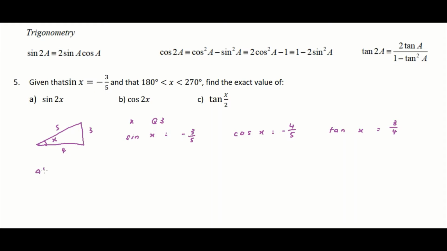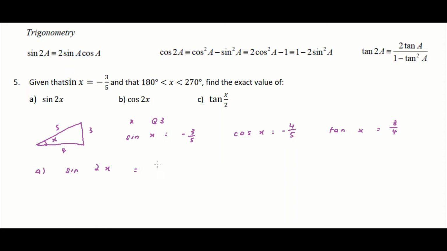So A, sine 2x. So one thing that is very important is please do not do sine 2x equals to 2 sine x, okay? So they are totally different things. You can try your calculator and see whether sine 60 and 2 sine 30 is the same or not. It's totally different thing. So please don't do that. So what is sine 2x? So use your formula.